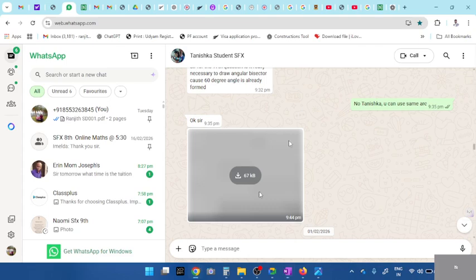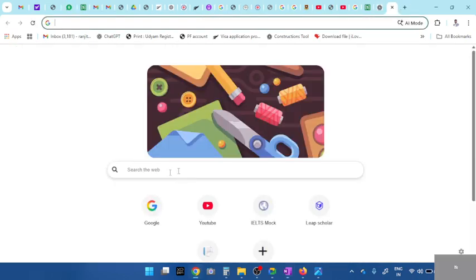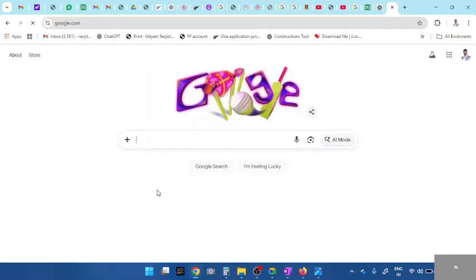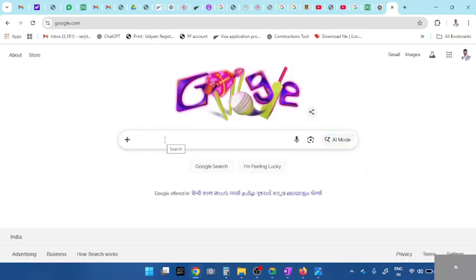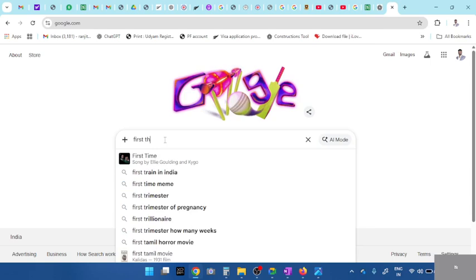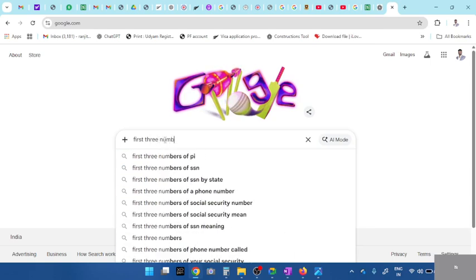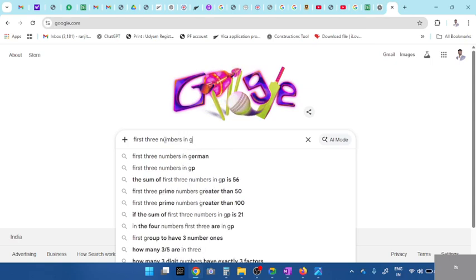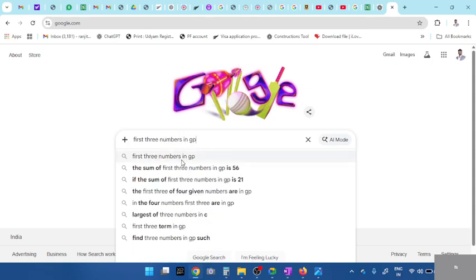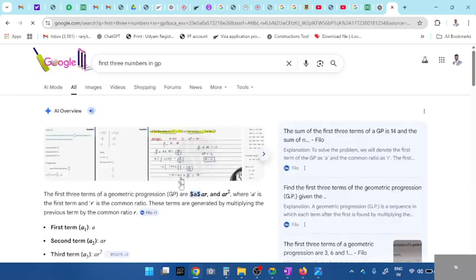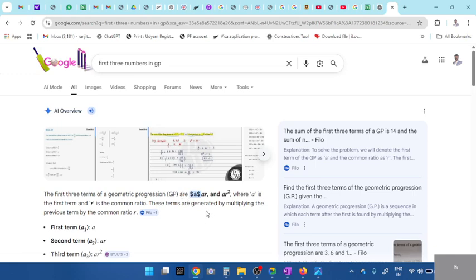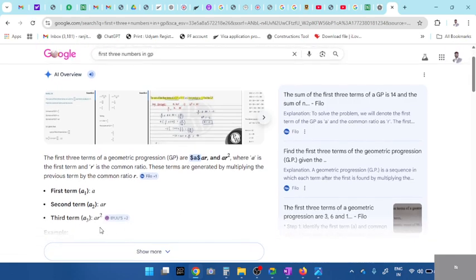Okay, there is a direct formula for this. Three numbers in GP. AR square. AR square. Okay, we need to take AR square, students. If you multiply, you get A cube.